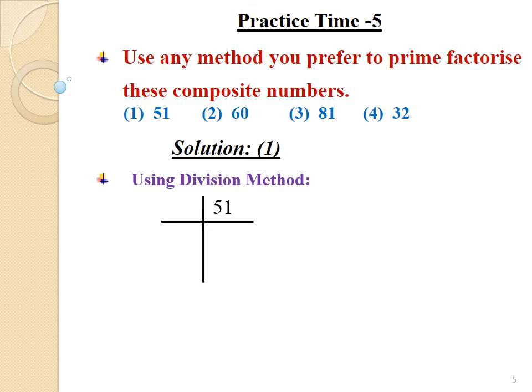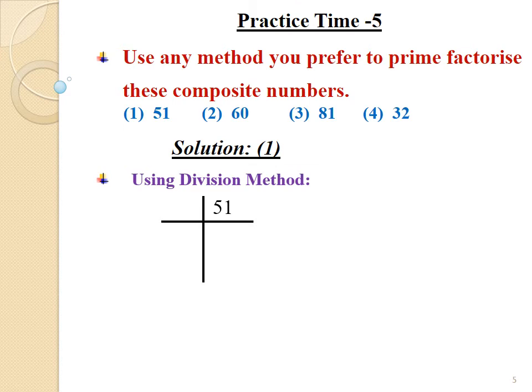Now we have to start dividing 51 by the prime number. 51 is an odd number. We know that odd numbers are not divisible by 2. So, we don't have to divide 51 by 2. We have to divide 51 by the next prime number 3.